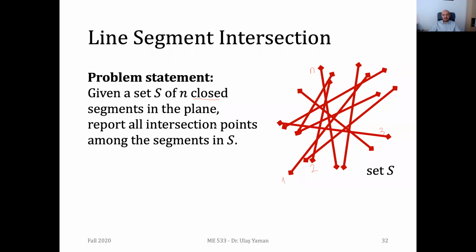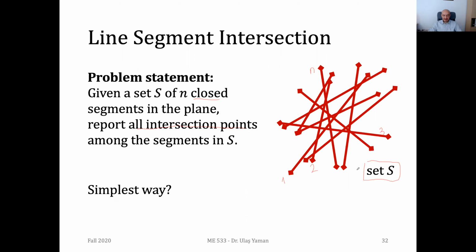And our aim is to find actually all these intersection points among all the segments in the given set S. So there are n line segments in this set, and we are going to determine the number of the intersections, their coordinates, and how many of them there are on the plane.